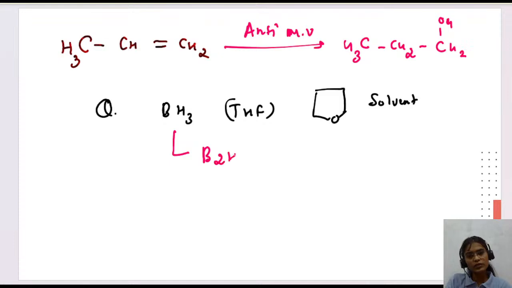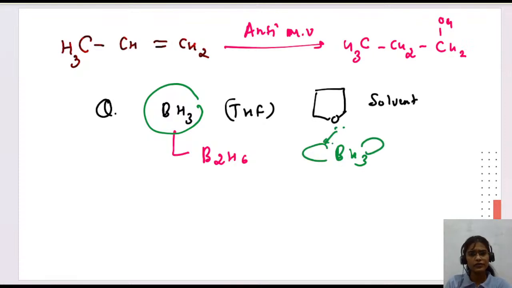In B2H6, banana bond formation takes place, and it is very difficult for us to keep BH3 in this structure only. So THF says, not an issue, BH3, you have a vacancy, I will help you. The lone pair is simply transferred here. So the main purpose of using this solvent is just to stabilize the structure of BH3. This is point number one.